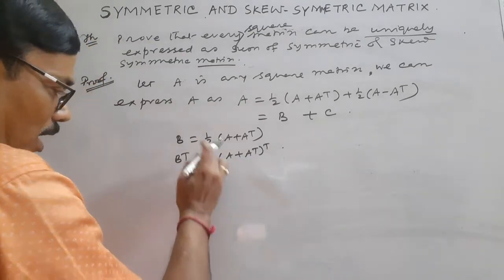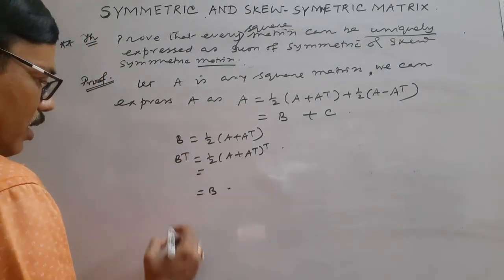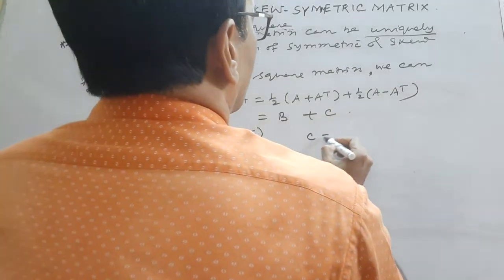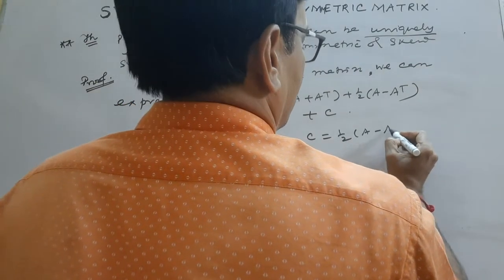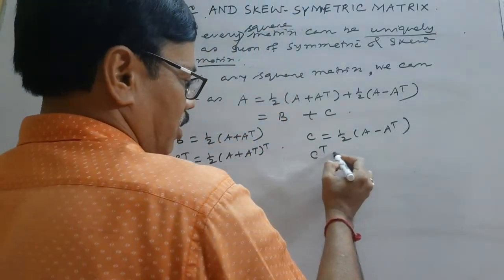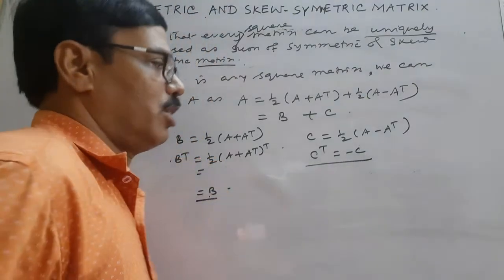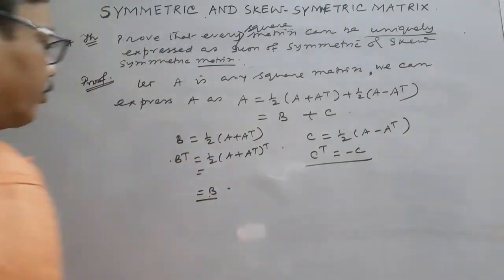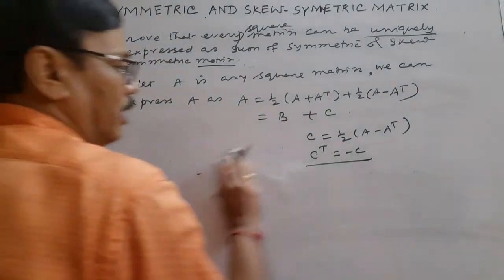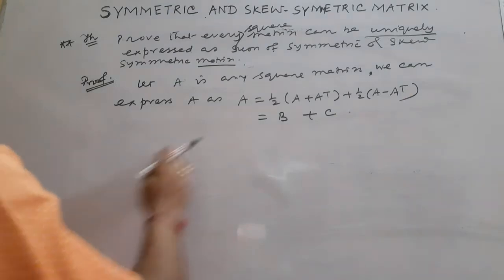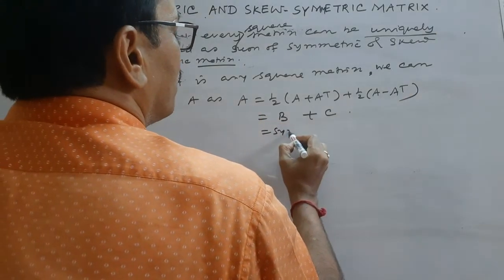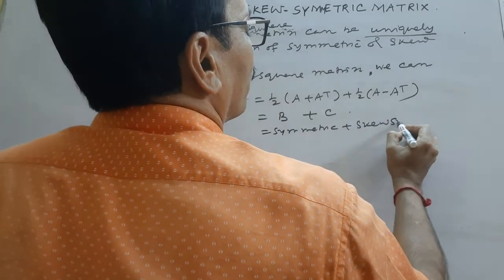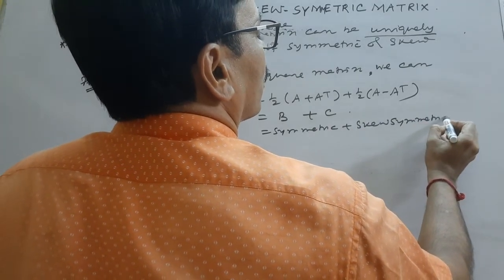So B transpose equals B. And C equals half of A minus A transpose; C transpose equals minus C, which we have already proved. So this is skew symmetric. So A equals B plus C, symmetric plus skew symmetric.